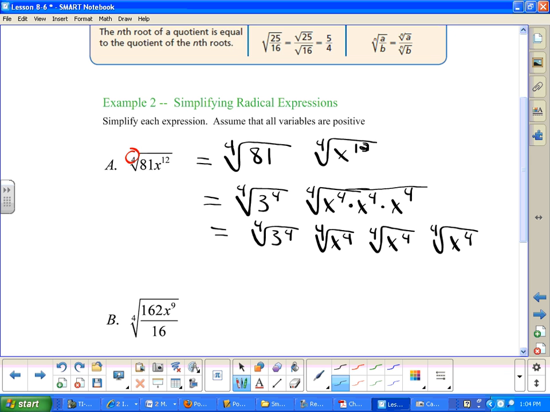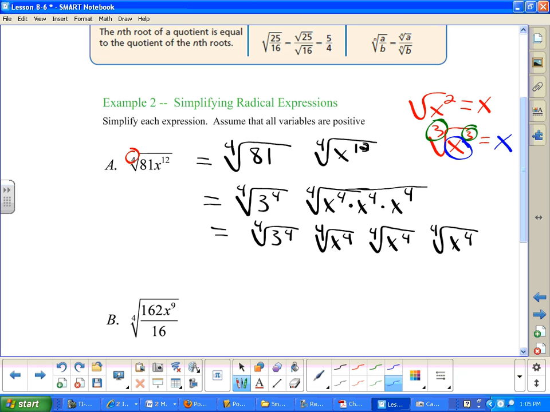Now, if you remember then, if I have the square root of x squared, what does that equal? X. The cube root of x cubed will be equal to what? X also, because whenever these are the same, then it's equal to this thing here.